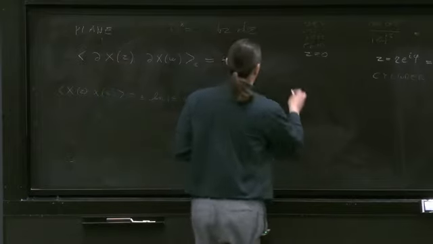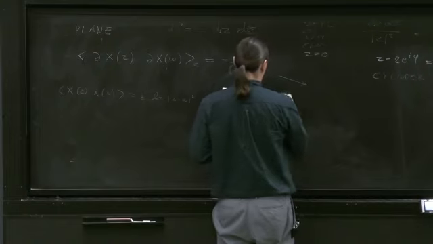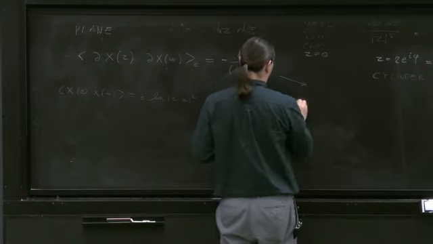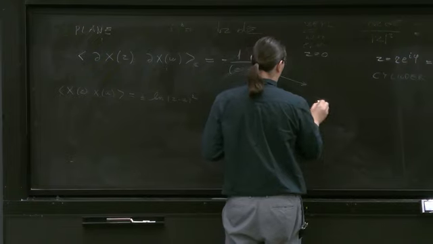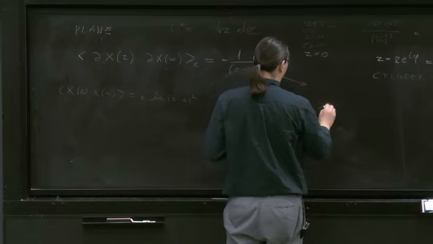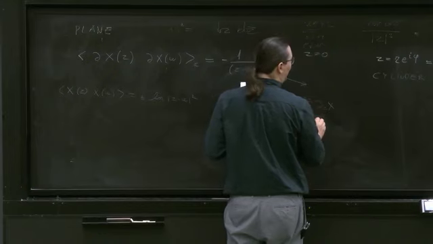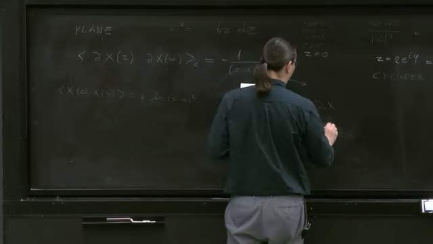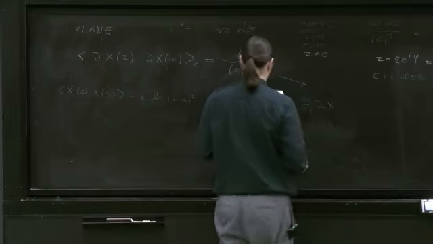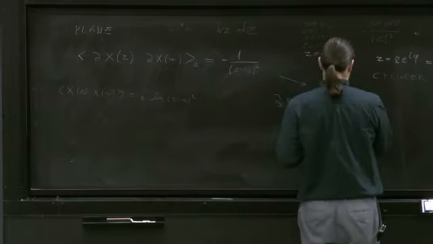Okay, let's map it to the cylinder. So the dx in s is dz over ds times dx in z. So it's e to the s times dx in z.